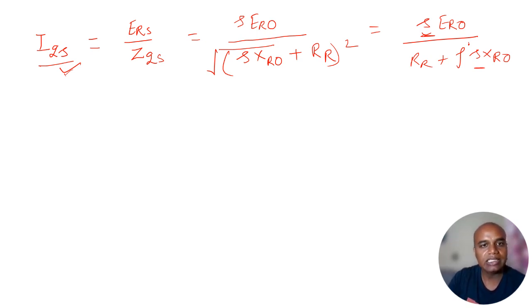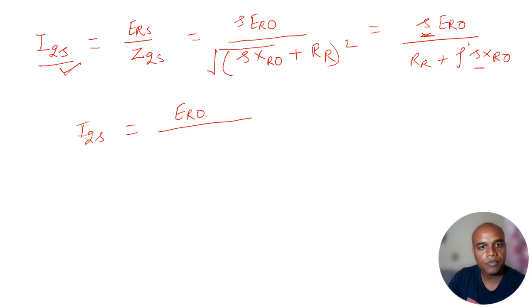To do that, let's simply say I'm dividing the I2 denominator and the numerator by the slip S. So my expression becomes simply E_R0, which is the EMF induced at standstill, just like the transformer, right?